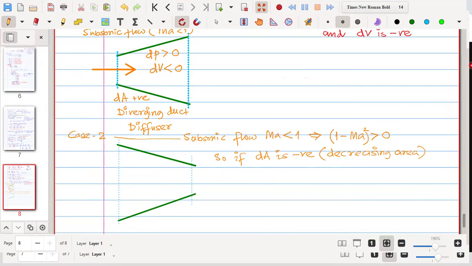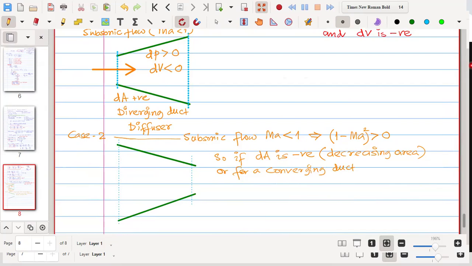So we call this a converging duct. For a converging duct, what will happen?